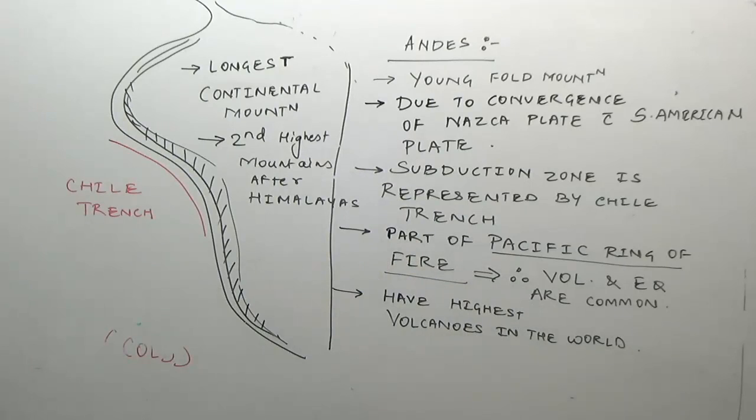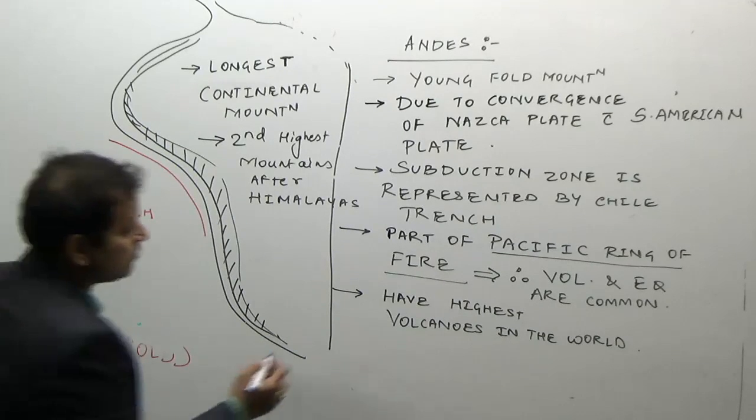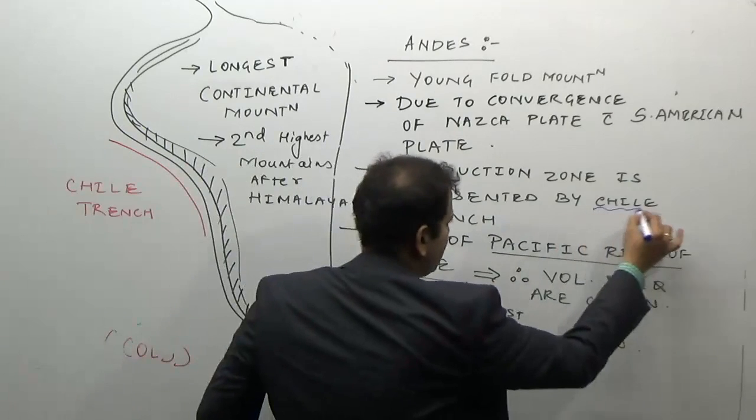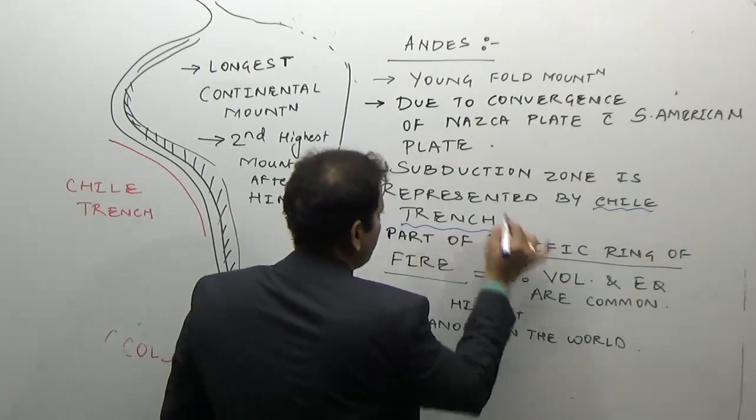Now the Andes are young fold mountains formed due to the convergence of the Nazca plate along with the South American plate. The subduction zone here is represented by the Chile Trench or Chile-Peruvian Trench.